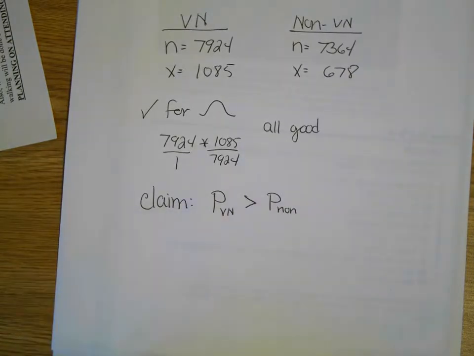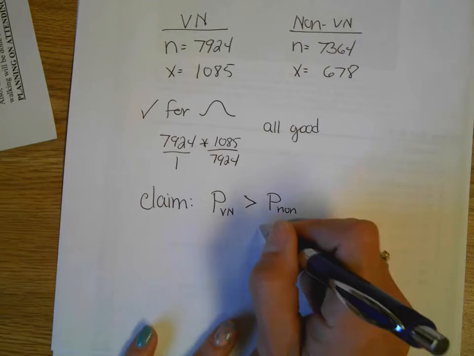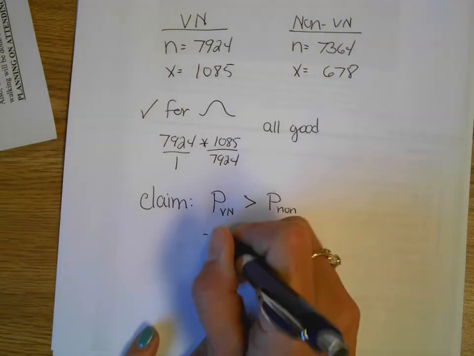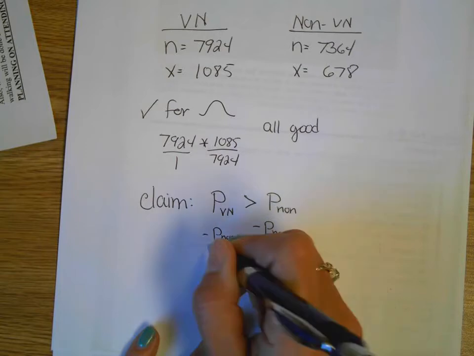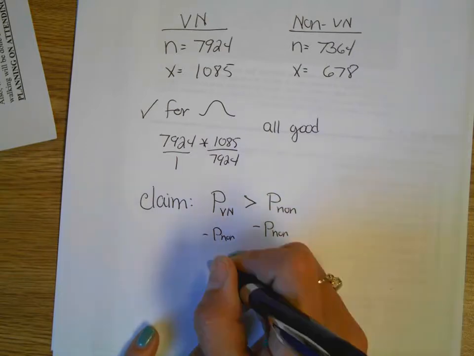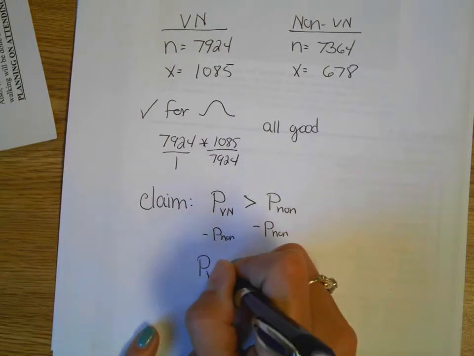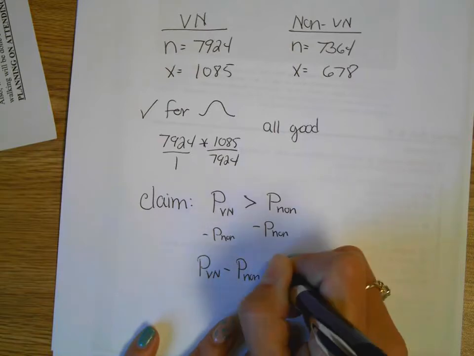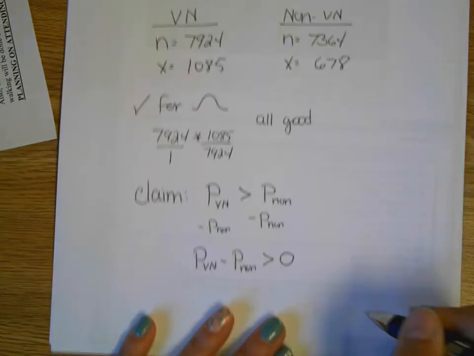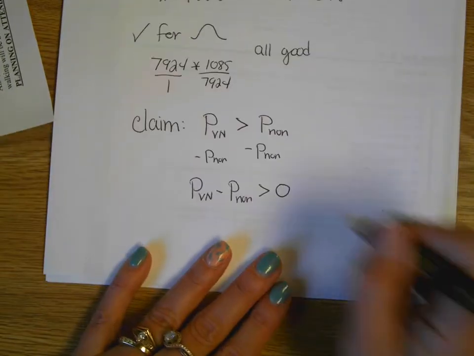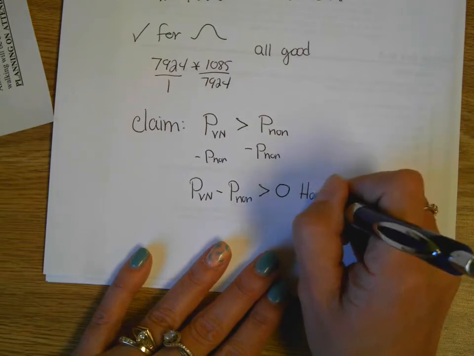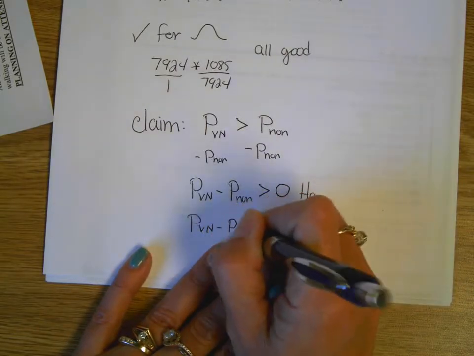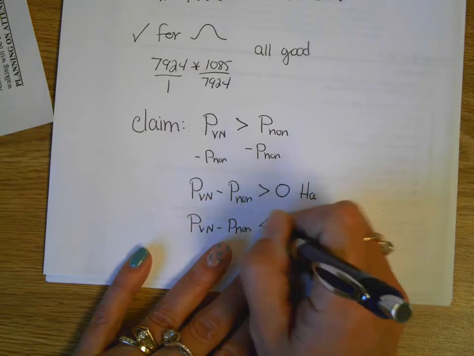So if we write that as a difference, we want to write it as a subtraction, just like we have in all chapter. Our claim gets rewritten as the difference is greater than 0, making the claim the H alternative.